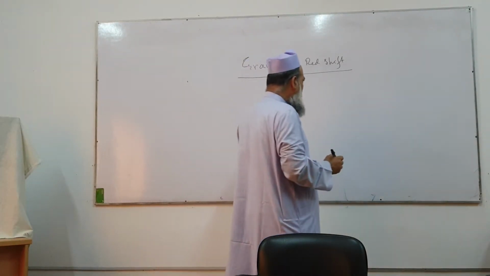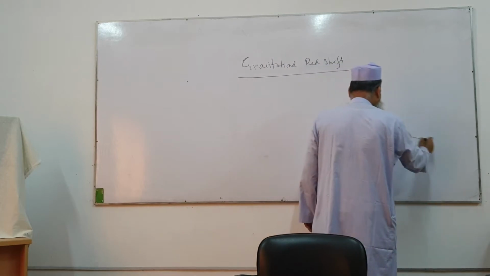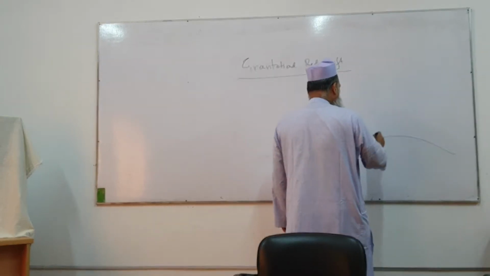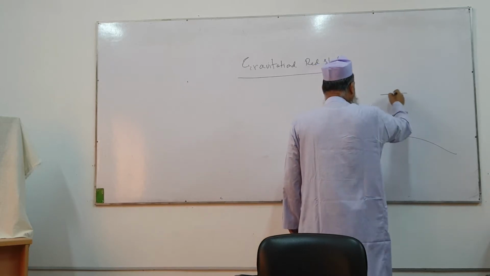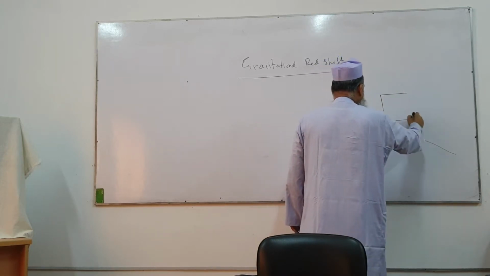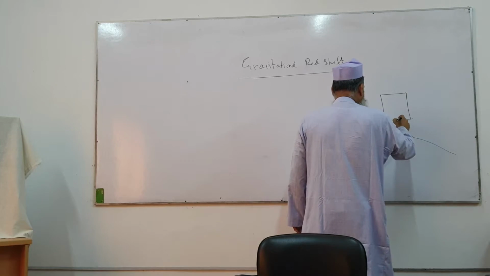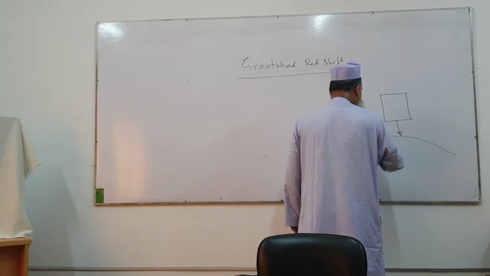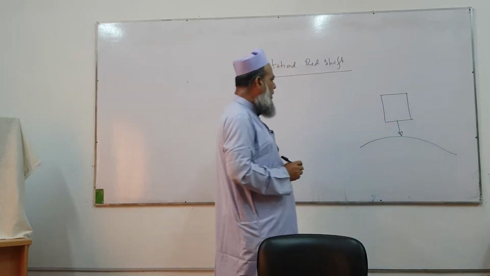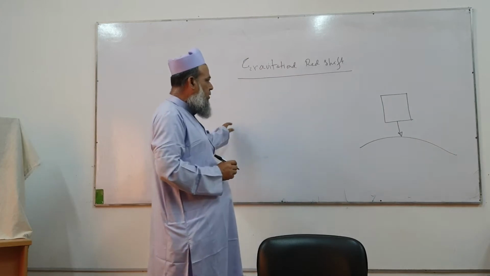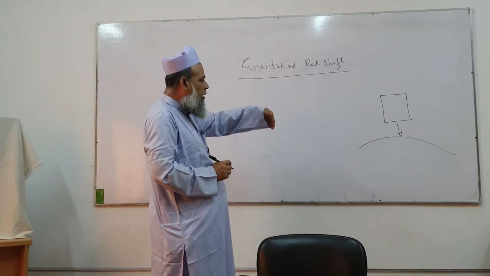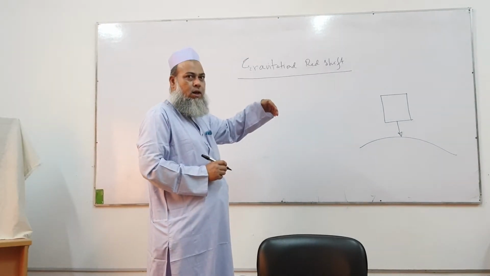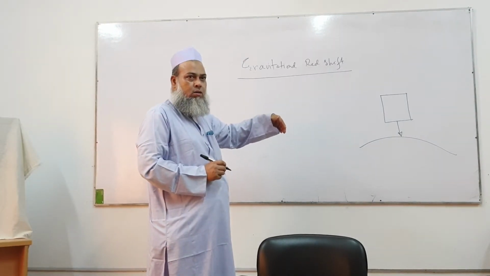Say, here is the earth and here is a building. In this building there is a lift and the lift is falling downward. So, as I have told you in the last class, a freely falling elevator is an inertial frame.